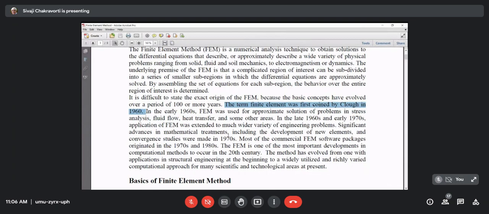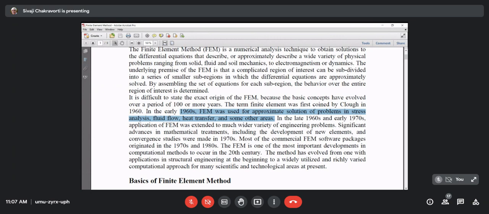But the developments actually took place in the 1960s, and in this decade, people immediately found that FEM is very useful not only for one particular area but in multiple areas.